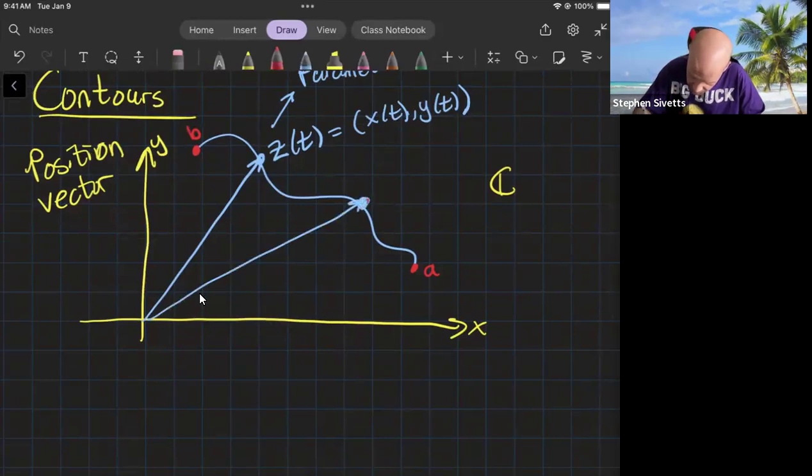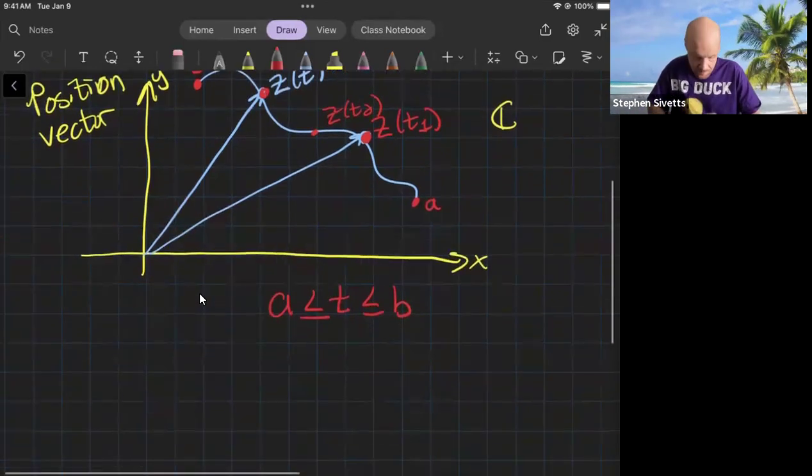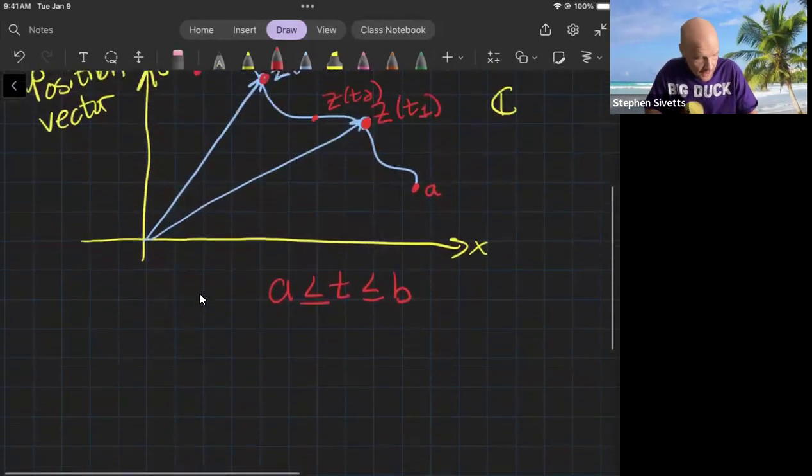And so we can associate values on this curve with like Z of t1. This could be like Z of t2, and so on, right? The parameter t is in between A and B, right? A and B are different time values.